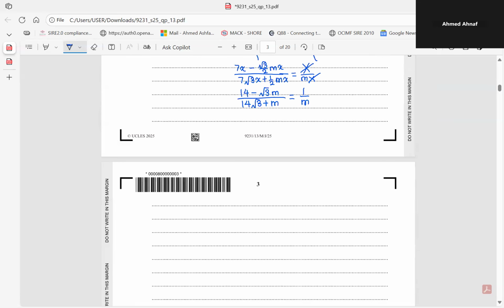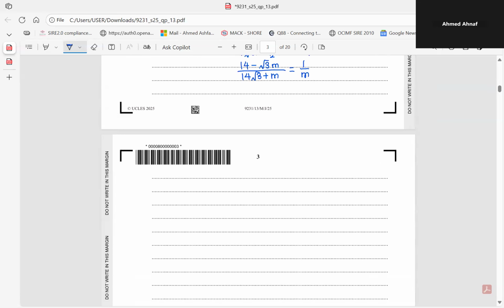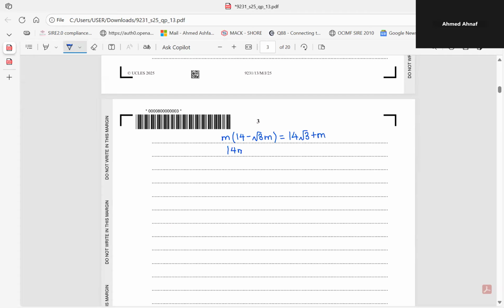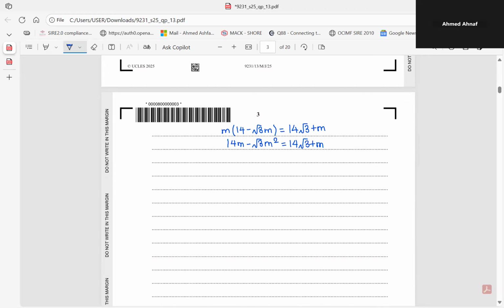So to solve it, just cross multiply. So m times 14 minus square root 3m equals 1 times 14 square root 3 plus m. Let's simplify everything. We get 14m minus square root 3m squared equals 14 square root 3 plus m. Let's move everything to the right-hand side.